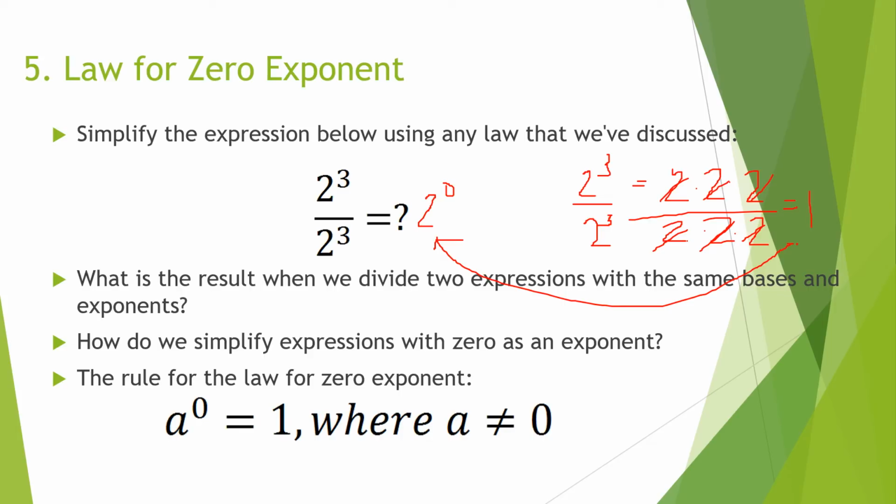Again, in here we have 2 raised to 0. So if the exponent is 0, it is simply equivalent to 1. But a should not be equal to 0. Remember that a should not be equal to 0.